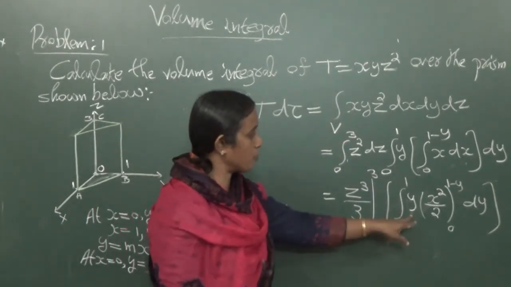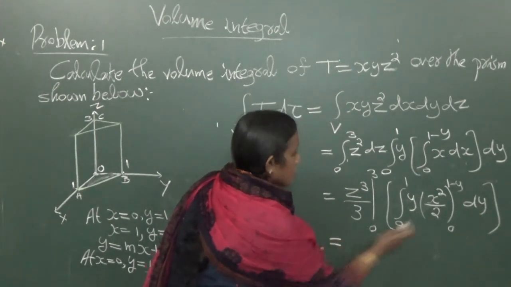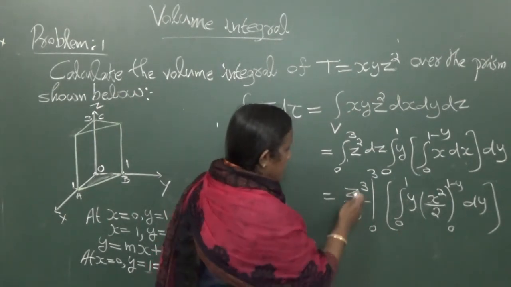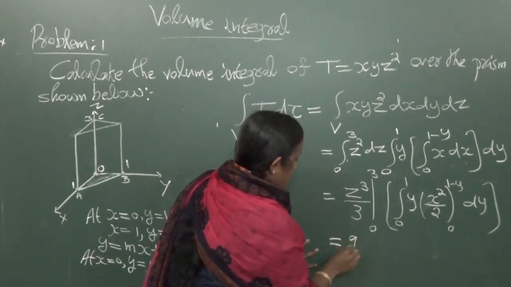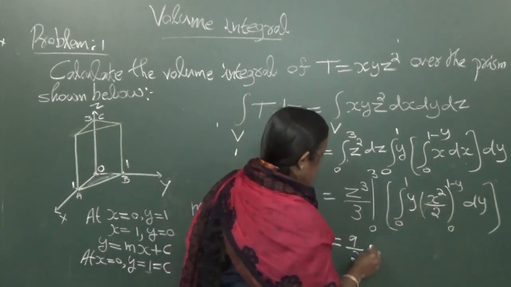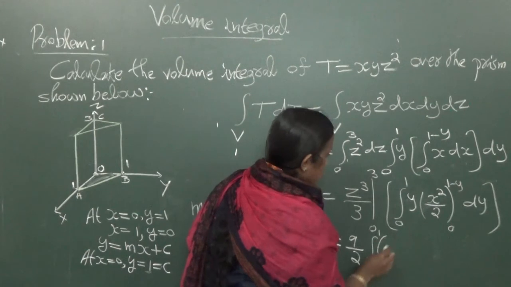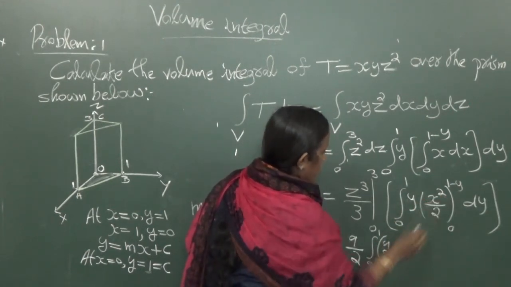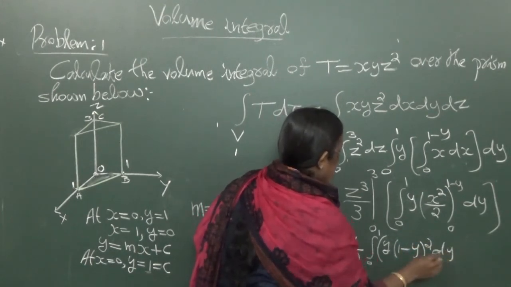Now we can perform this integral. So you get here this 1 by 2 is constant, taking it out. Here there is 3 cube by 3, so you have 9 by 2, right? Then in this part, you have integral 0 to 1 y into 1 minus y whole square dy.